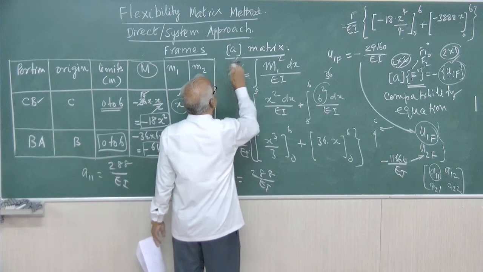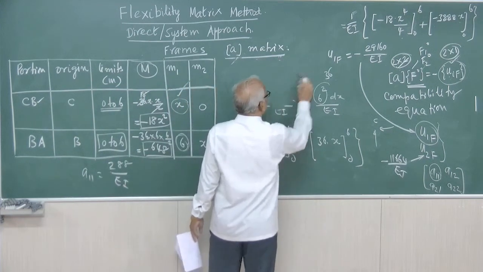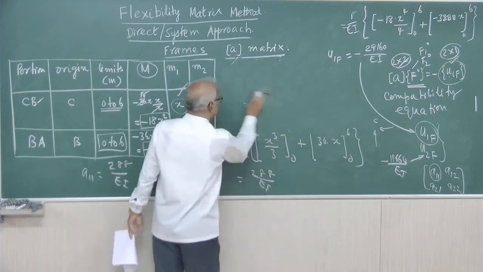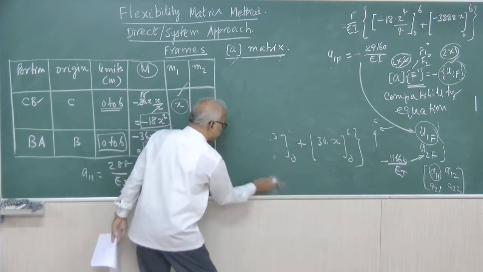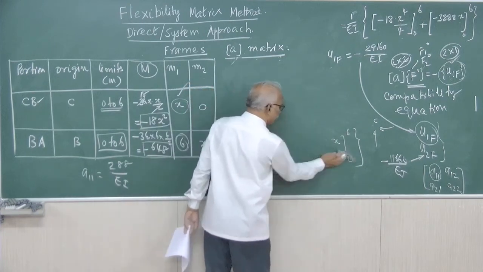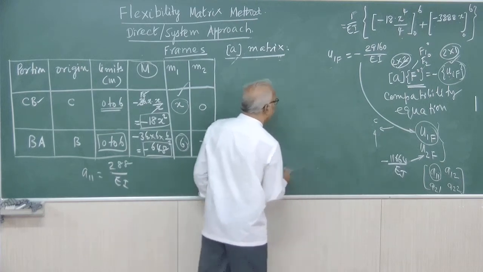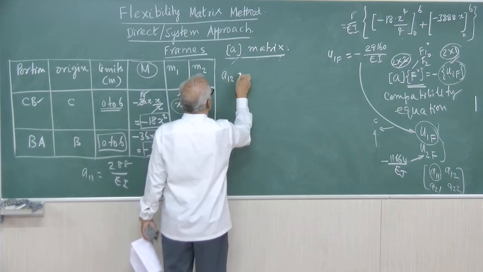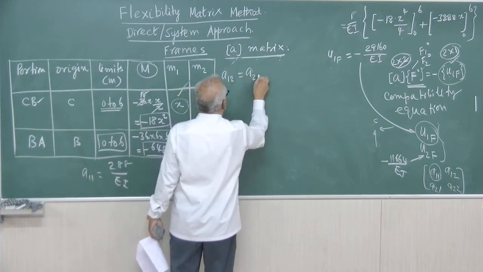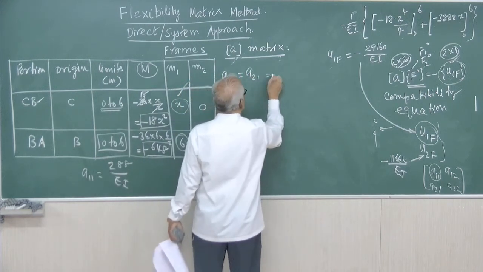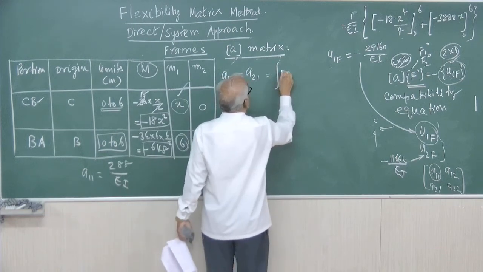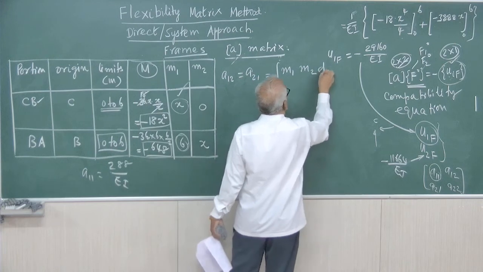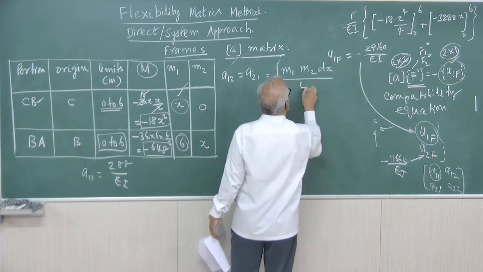Therefore, A12 is also equal to A21, the integral of M1 M2 dx by EI.